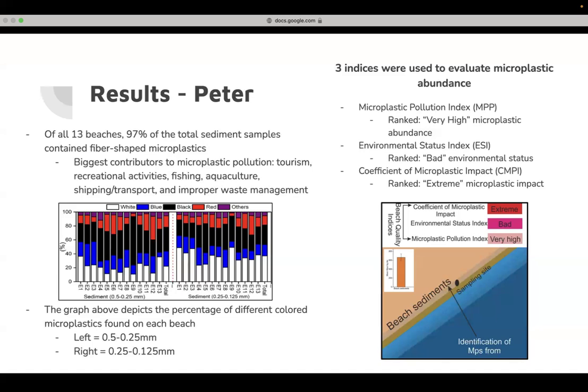And then the last index used was the Coefficient of Microplastic Impact, which also ranked all 13 beaches as extreme microplastic impact. The image below depicts the sampling site and the beach sediments and the identification of microplastics that were used in this experiment.